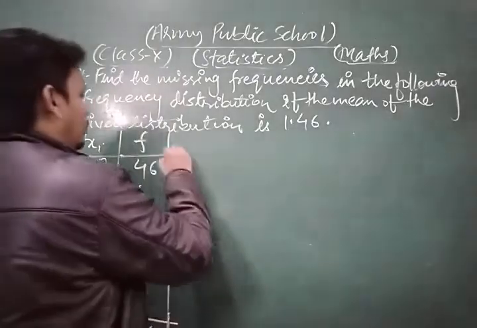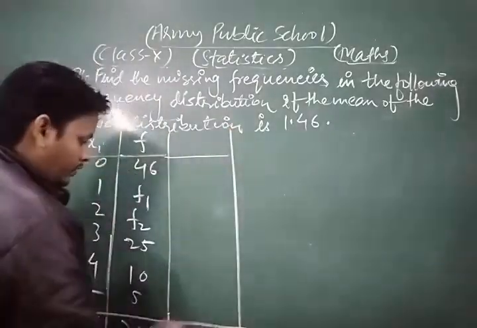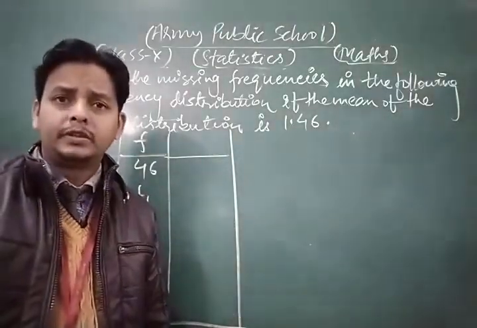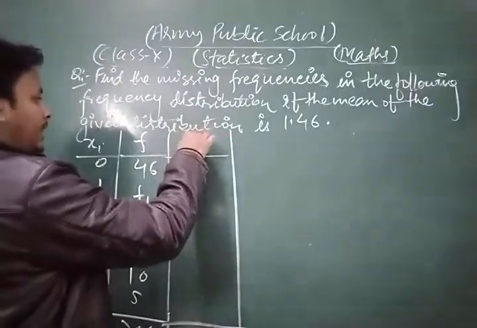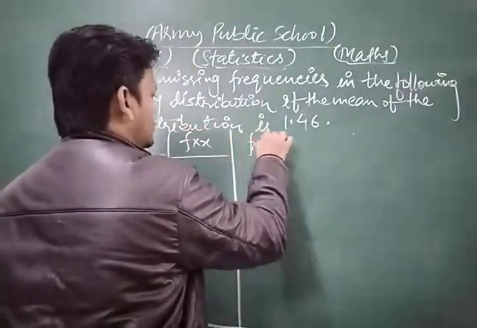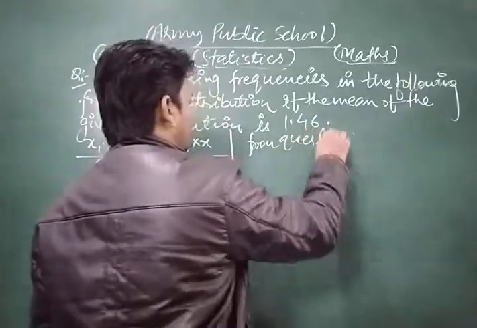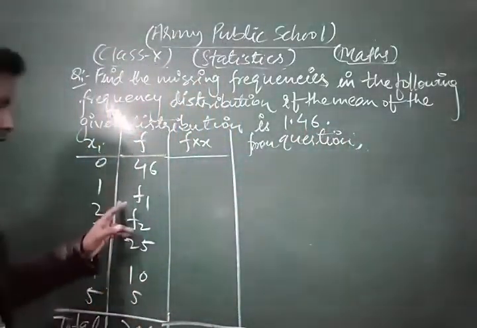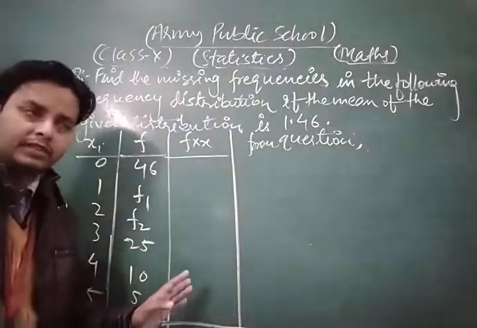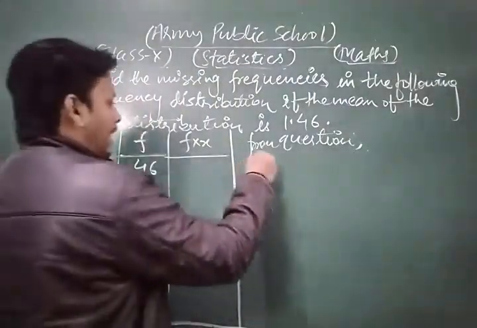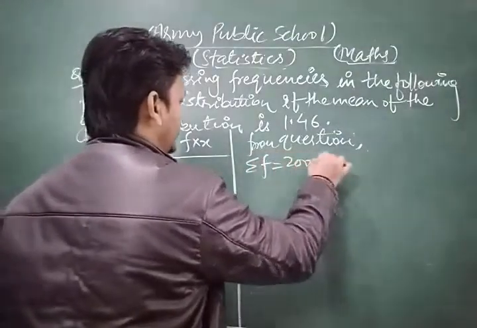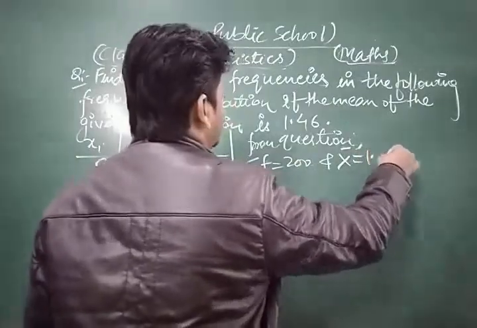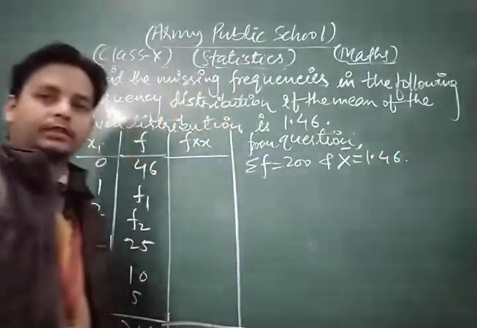Now, first of all we prepare a tabulation for f into x. From the question, dear students, we find the values of f1 and f2, the missing frequencies. From the question, sigma f is given as 200 and the mean of the given distribution is given as 1.46 respectively.